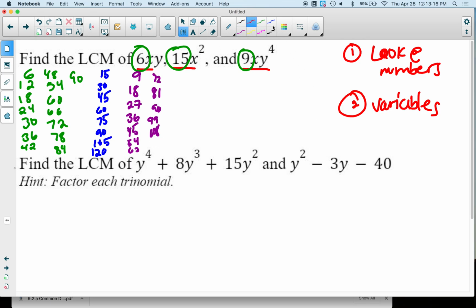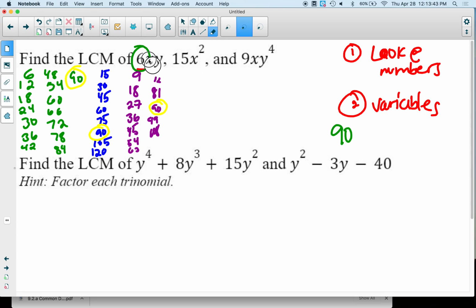Ask yourself, what is the smallest number that shows up on all three lists? We see we have 90. 90 shows up on all three lists, and none of the other numbers do. So the numerical portion of the LCM is going to be 90.